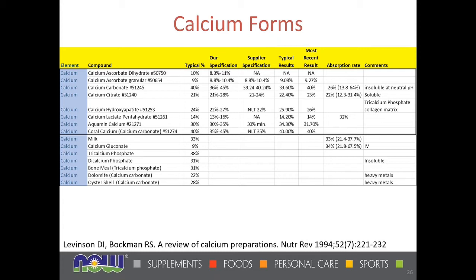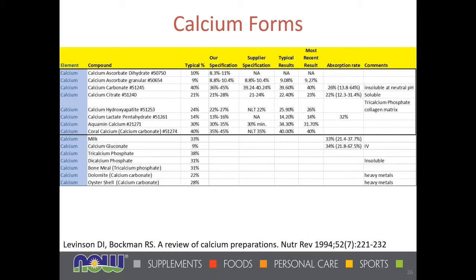But if we look at the absorption rate to the right, we're looking at calcium carbonate absorbed at an average of 26% in human studies, and calcium citrate at an average of 22%. So you've got twice as much calcium roughly in calcium carbonate as calcium citrate by weight. If you took a gram of calcium carbonate, you'd have about 400 milligrams of calcium.